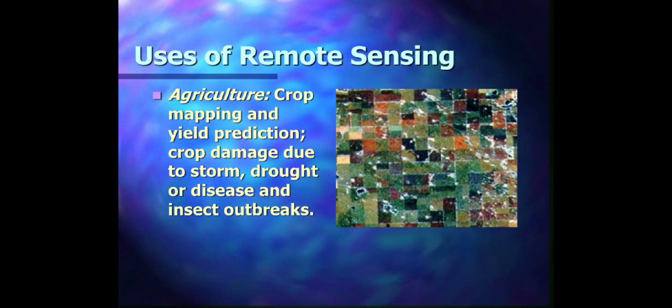Other than that, if some storm or cyclones are there, how much area or how many farms are affected by that is covered by the satellite images.